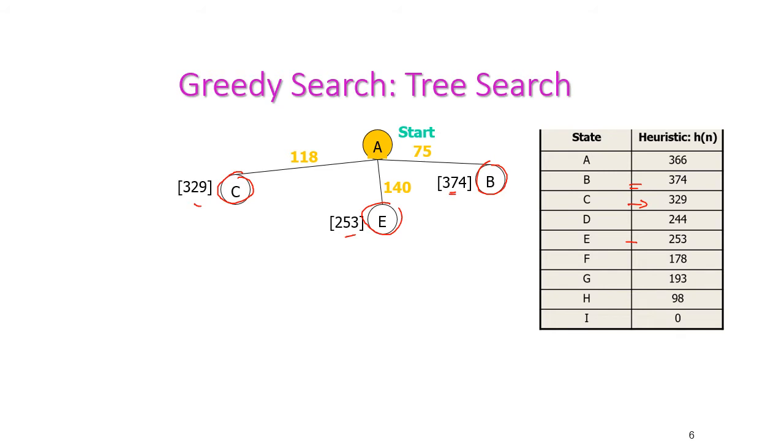Among these three, which is the minimum value? 253 is the minimum value. So we can select this E for further expansion.